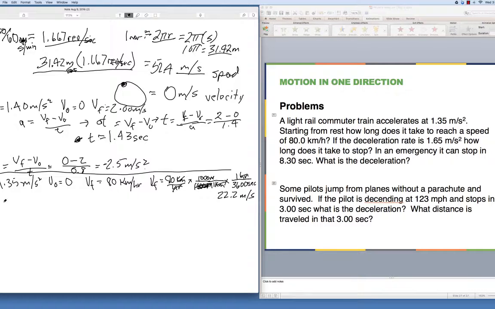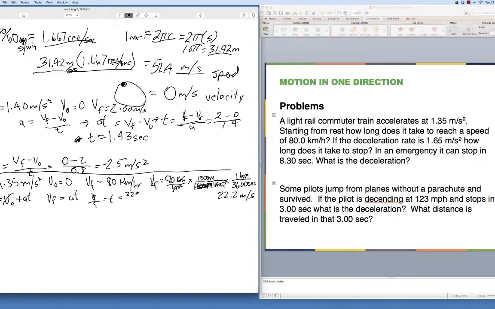Okay, so now it wants to know how long does it take to reach a speed of 80. Well, we know that VF is equal to V0 plus AT, right? Now we know V0 is 0, so we can just stop thinking about that. So we have VF is equal to AT, and we know A, so we have VF divided by A is equal to T, and T is what we want.